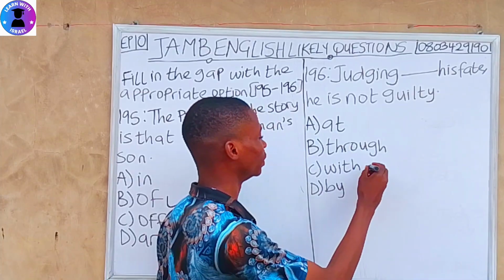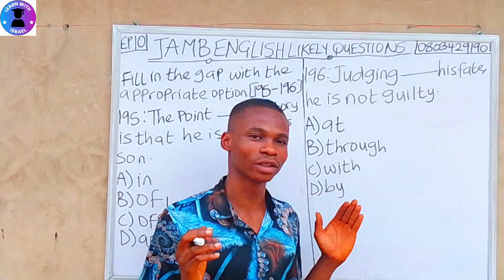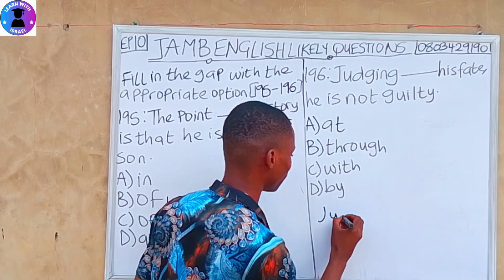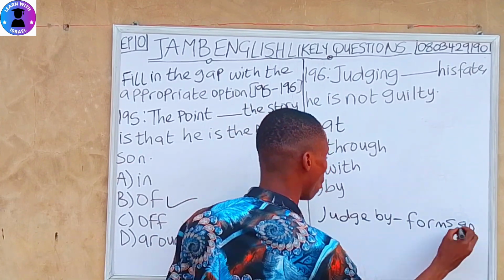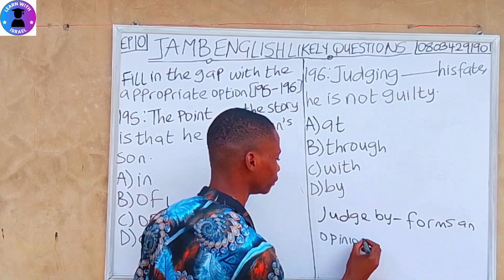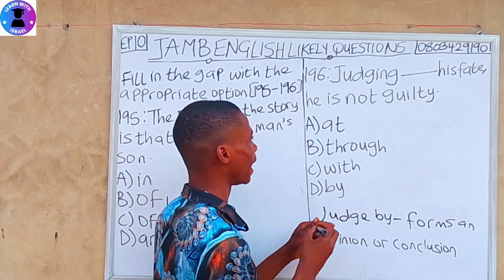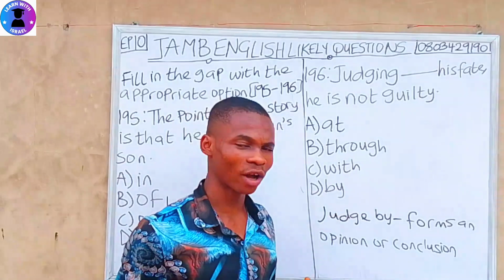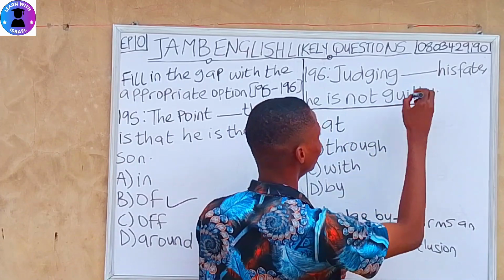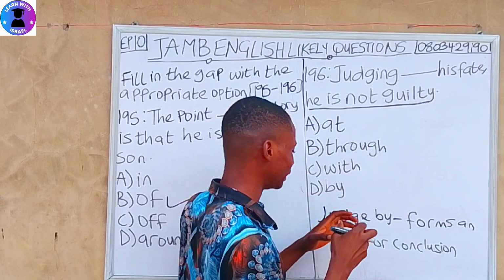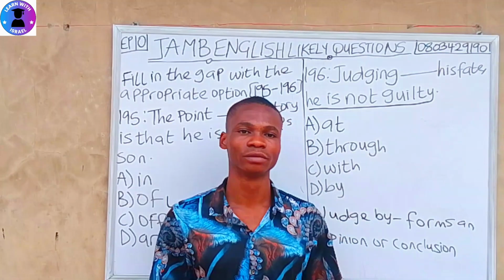Avoid picking judging with his fate or judging through his fate. Judging by his fate, he is not guilty. When you say judge by, it forms an opinion or conclusion. Judging by his fate, he is not guilty. So what was the conclusion? The conclusion of the opinion is he is not guilty. That is the opinion or conclusion. So guys, let's move to the next one.